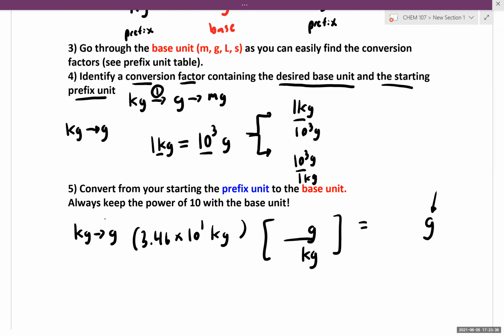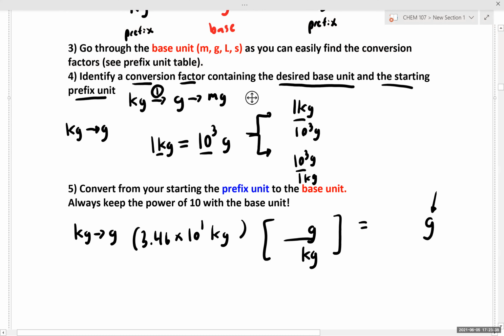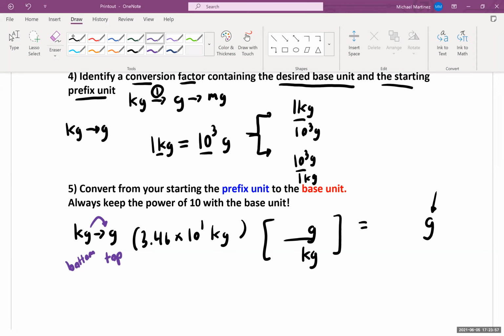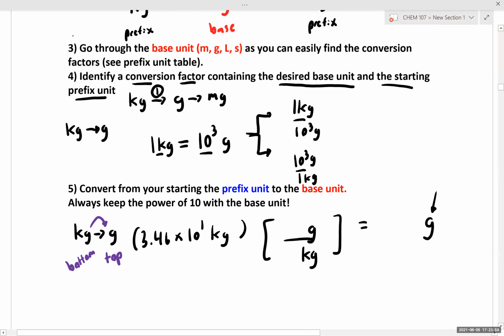Generally, when I draw my unit conversion map, I like to draw a purple arrow, and I put the unit that I want on top and the unit that I'm going from that I want to cancel on the bottom. So grams will be on top and kilograms will be on the bottom of our unit conversion factor.